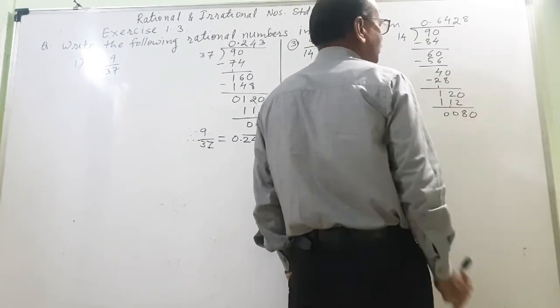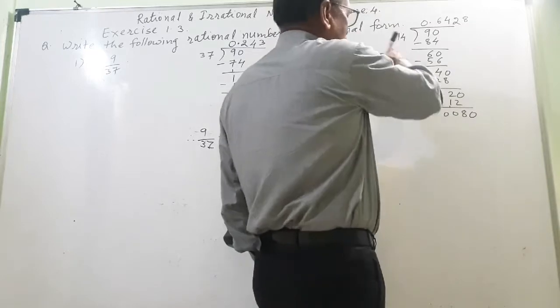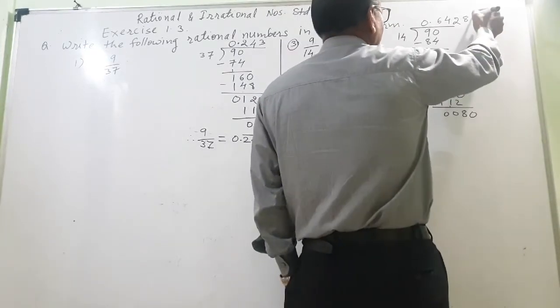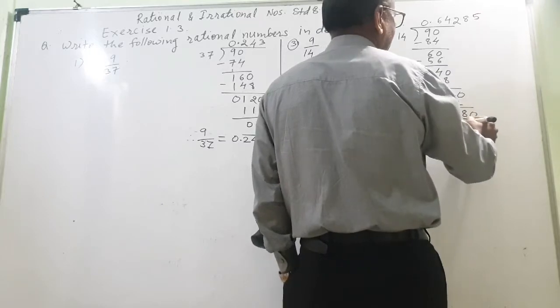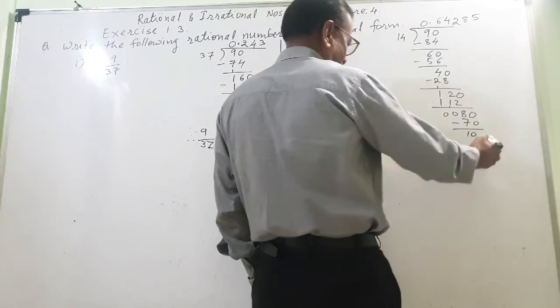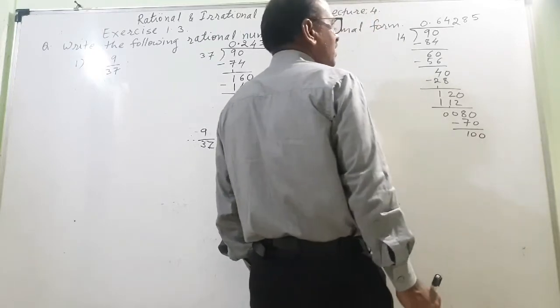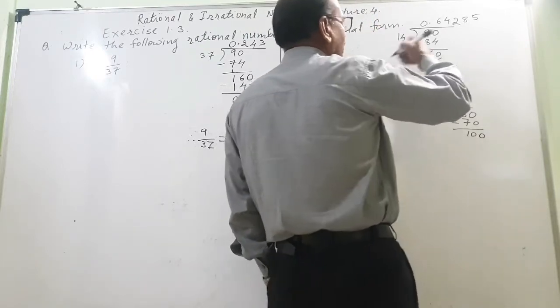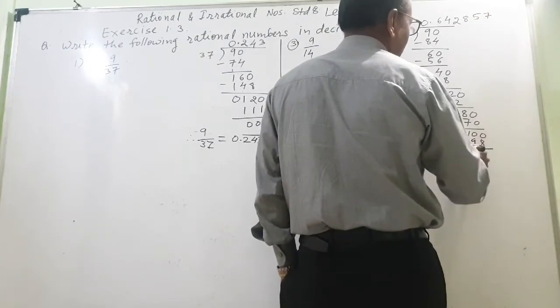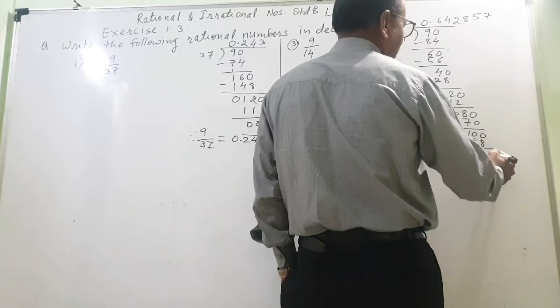Take 0. 14 sixes are 84, so 14 fives are 70. Remains 10. Take another 0. 14 sevens are 98. Remains 2. Take 0.